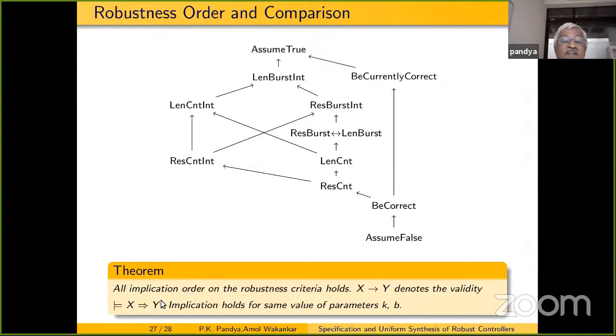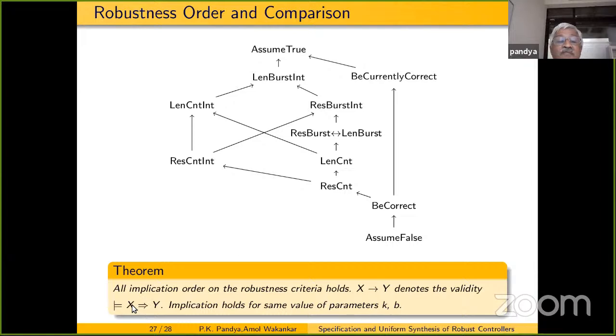So, given two robustness criteria X and Y, you can check whether X logically implies Y, which means robustness criterion Y is weaker than robustness criterion X, which means Y will tolerate more assumption errors than X, right?